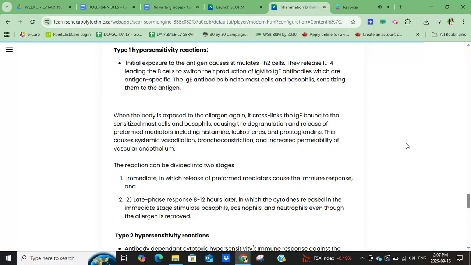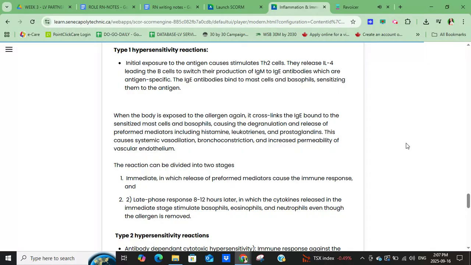The IgE antibodies bind to mast cells and basophils, sensitizing them to the antigen. When the body is exposed to the allergen again, it cross-links the IgE bound to the sensitized mast cells and basophils, causing the degranulation and release of preformed mediators including histamine, leukotrienes, and prostaglandins. This causes systemic vasodilation, bronchoconstriction, and increased permeability of vascular endothelium.